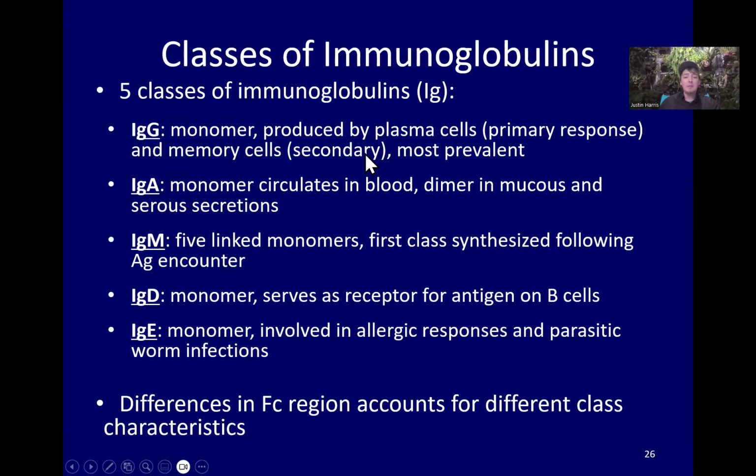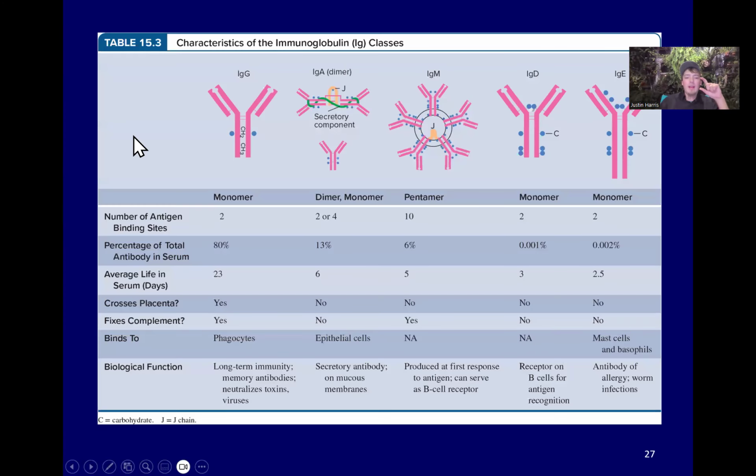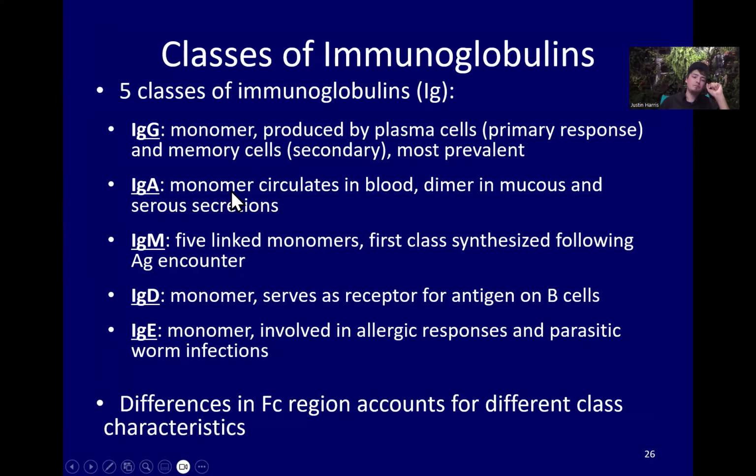But we have multiple different classes of antibodies, and that crystallizable fragment is what makes up this constant region, or the isotype region. And so you have this region here, this little leg. And you have different versions.